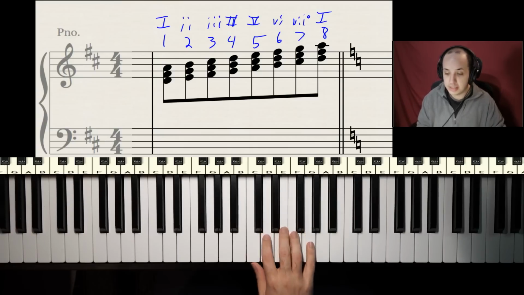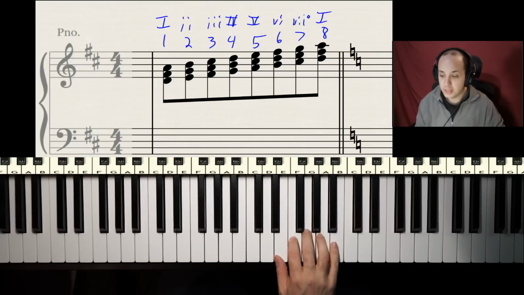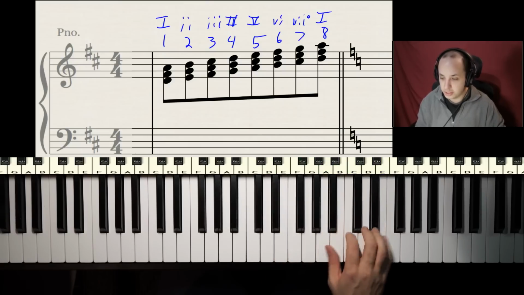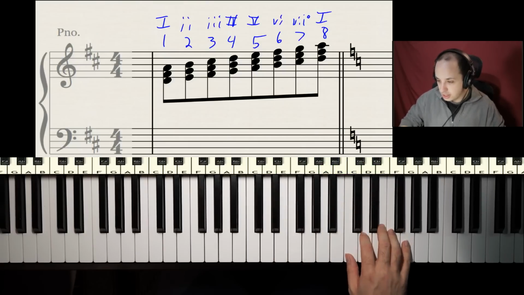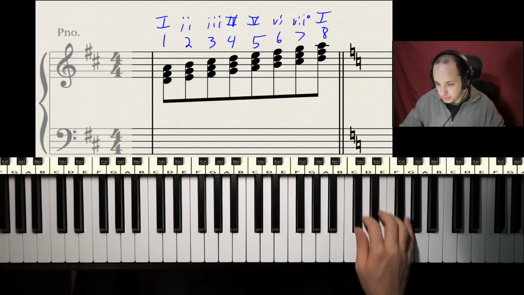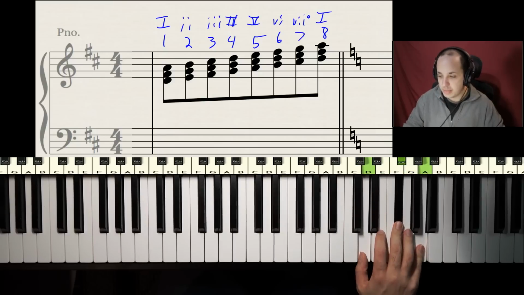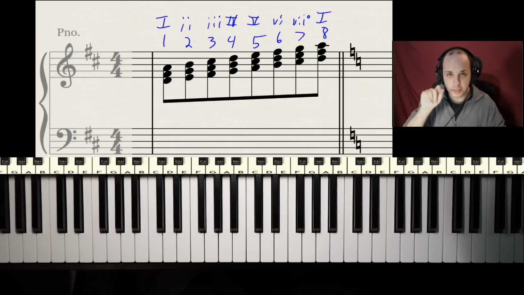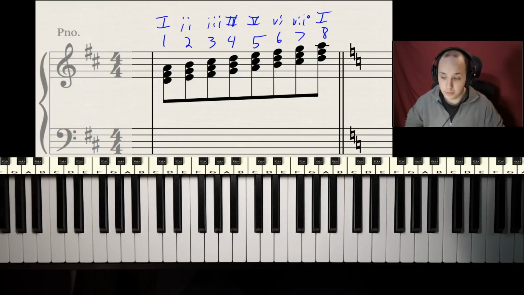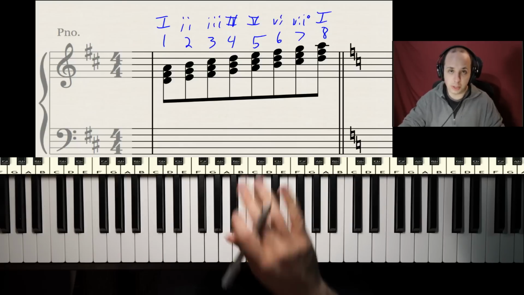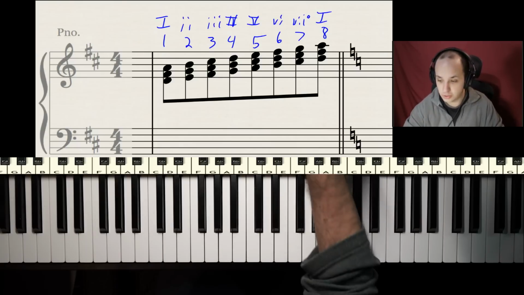So remember that I said there's a pattern of major, minor, minor, major, major, minor, diminished, diminished, back to major. That, by the way, diminished is a lowercase Roman numeral with a little circle next to it, and then an augmented chord, which we don't have any here, would be a Roman numeral with a plus next to it, just for reference, because you will see, if you're into chord progressions, these Roman numerals.